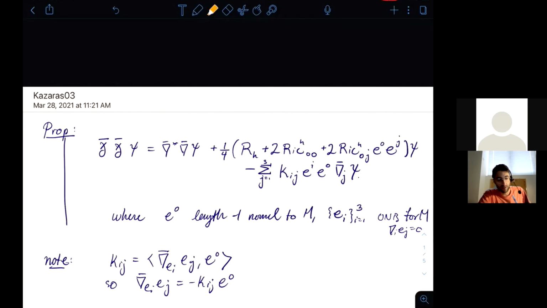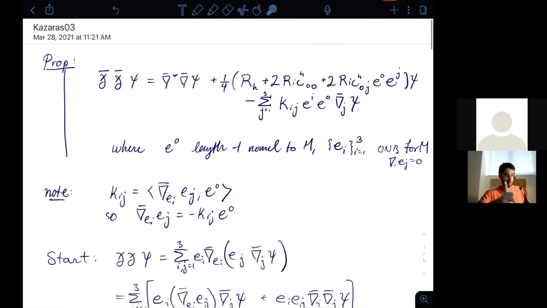This is a good skill to have, to be able to compute formulas like this. So let's see how it works here. The actual formula is pretty complicated, relatively speaking. It's here, as I've recorded in this proposition. On the left-hand side, we have our Dirac operator twice.